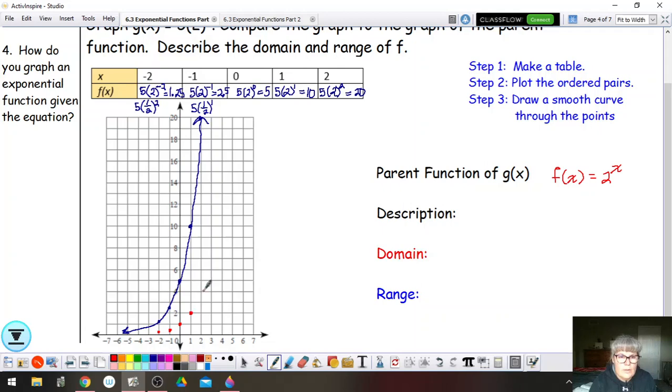And 2 squared is 4. And you could keep going. 2 to the third is 8. 2 to the fourth is 16. And we won't be able to put any other points on our graph because 16 times 2 would take us to 32. So the curve in red is our parent function.